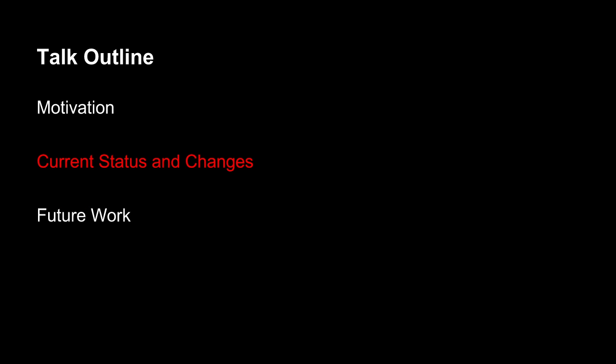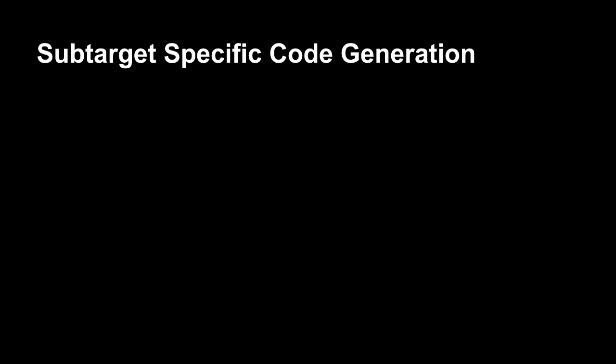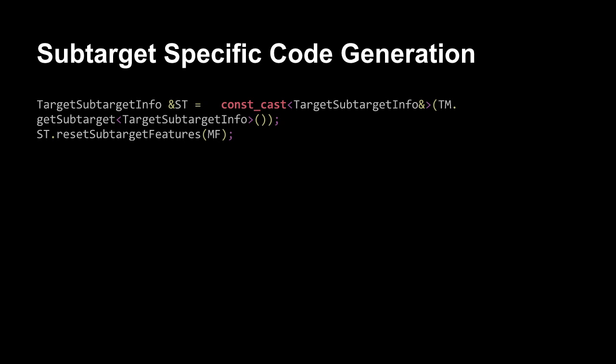So speaking of the target machine, where are we? Because the target machine, it turns out, had problems. There was an attempt to do this work in the past to reset the subtarget on every function boundary to something that would generate code for that particular subtarget.